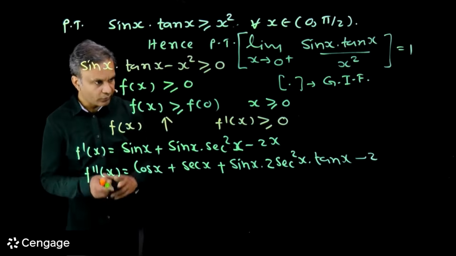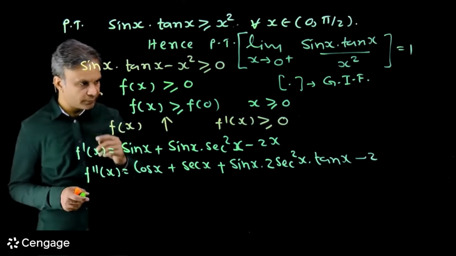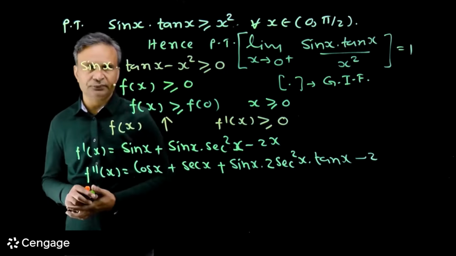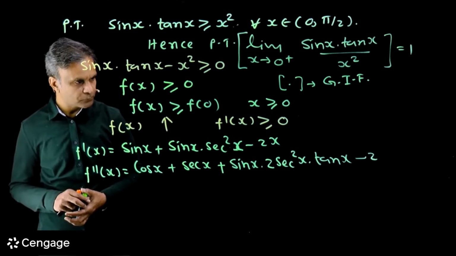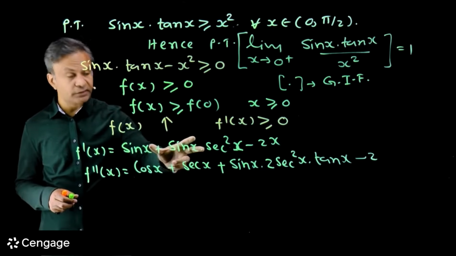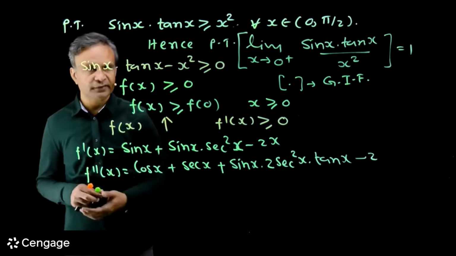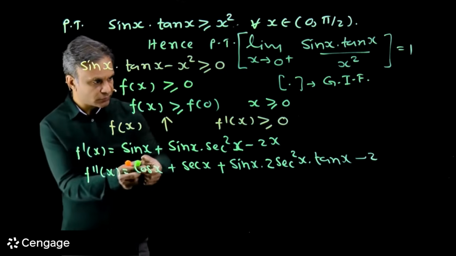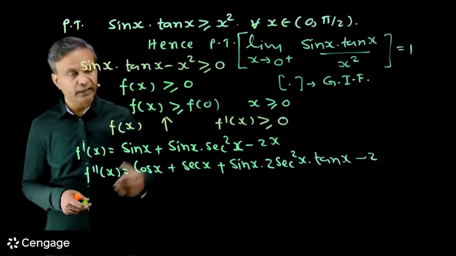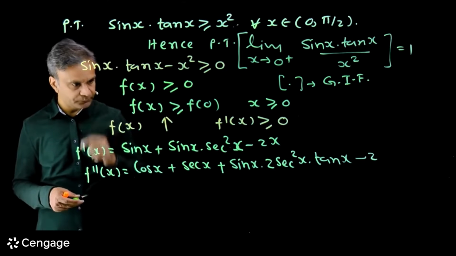Okay, now can we say about the sign of this expression? यही तो हमें करना है ना. इसका साइन नहीं जज कर पा रहे थे, इसलिए हमने इसको दोबारा डिफरेंशिएट किया. Now we have this long expression. क्या हम इसके साइन के बारे में कुछ कह सकते हैं?